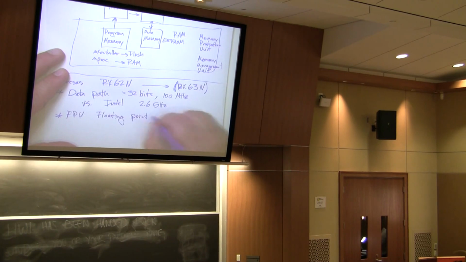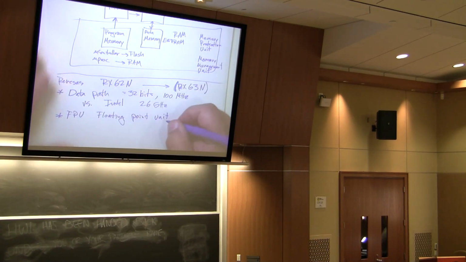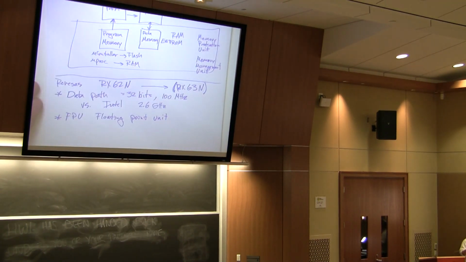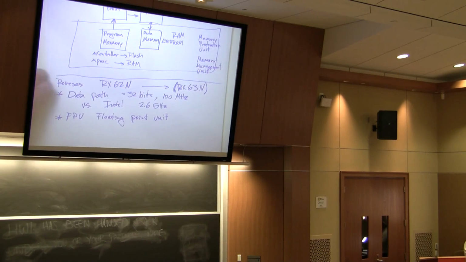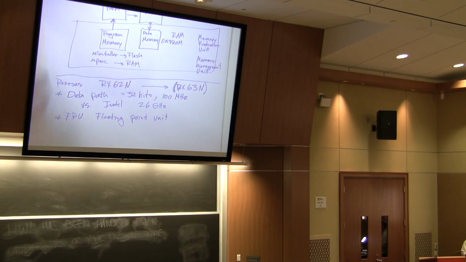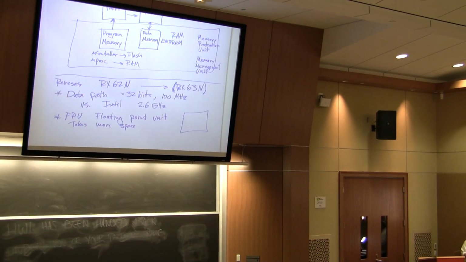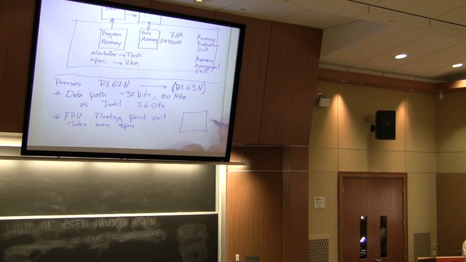So when you get into bigger microcontrollers and bigger processors, you will have a floating point unit. As you add more functionality to the chip, it takes more space. So if you looked at your typical size of a microcontroller, not to scale, and let's say this is 2 millimeters.